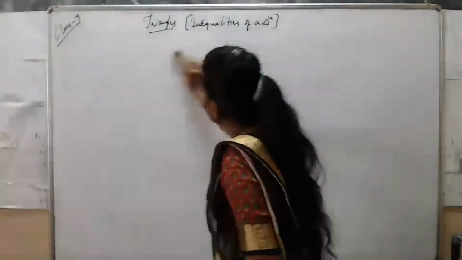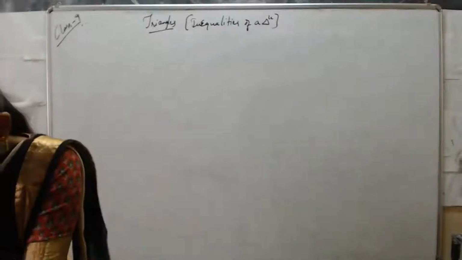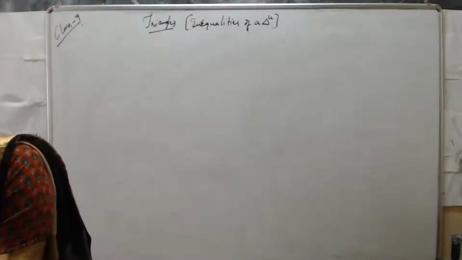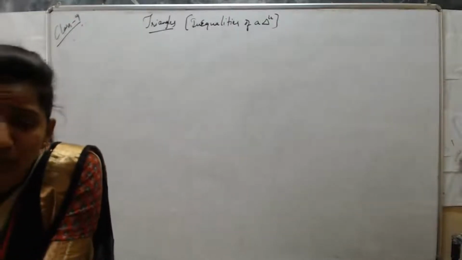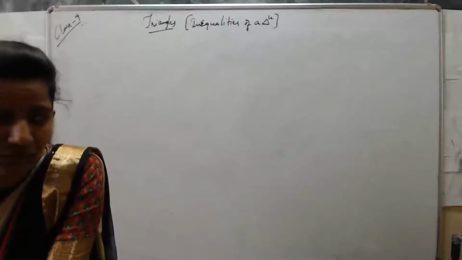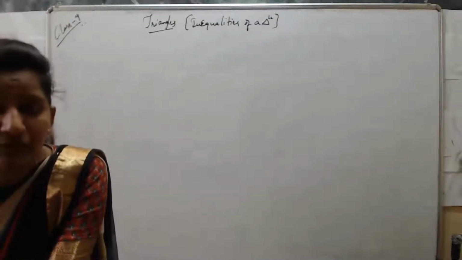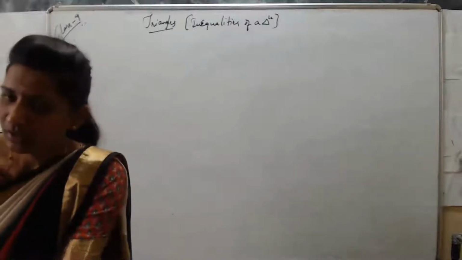See here, what they have given is: show that in a right angle triangle, the hypotenuse is the longest side. Obviously, the hypotenuse is the longest side. We know that. We have not completed trigonometry, so you don't know the hypotenuse, I think.